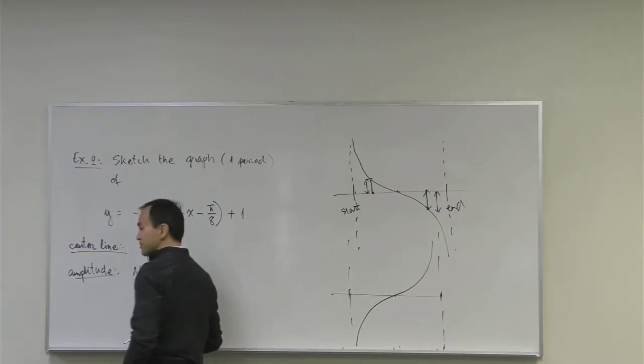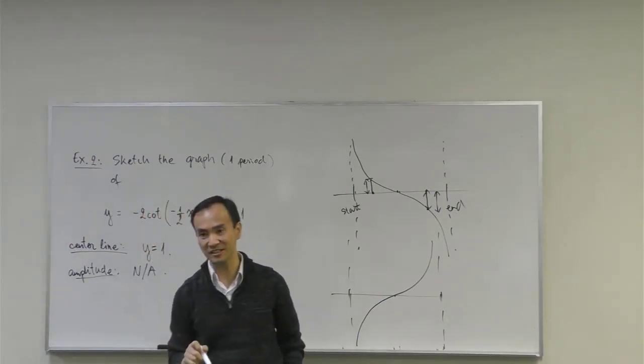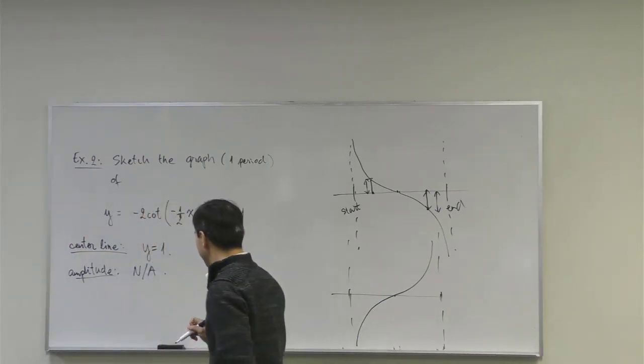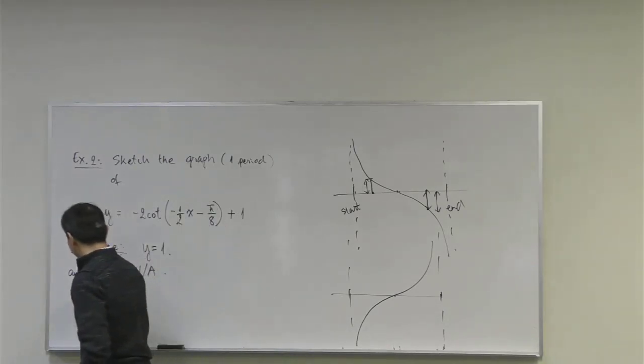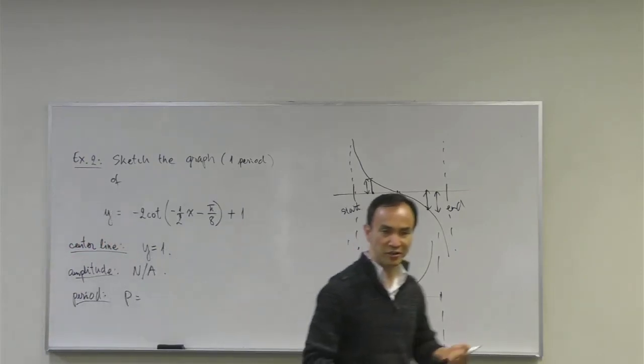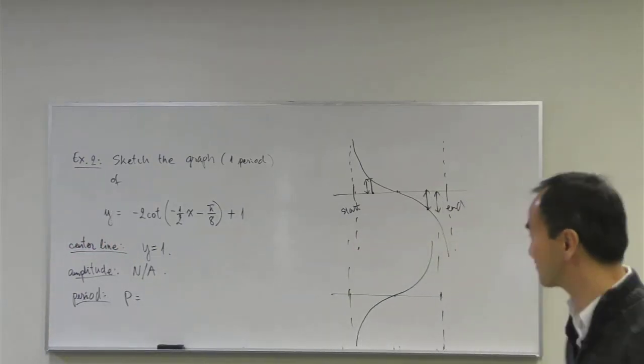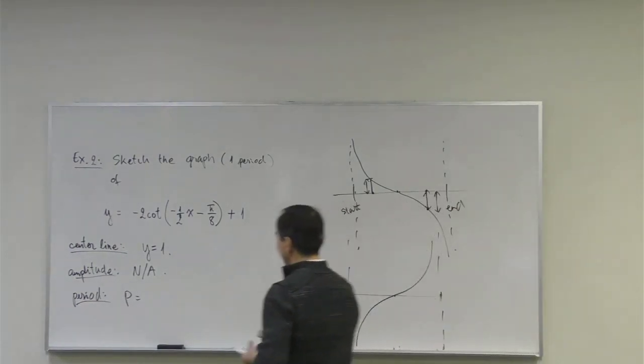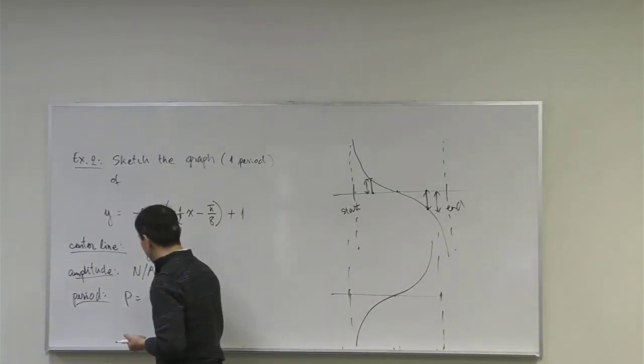The concept of amplitude is not applicable for tangent and cotangent. The period: P equals the standard cotangent period is applied, right?